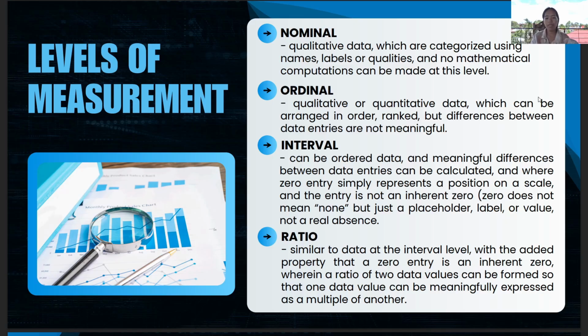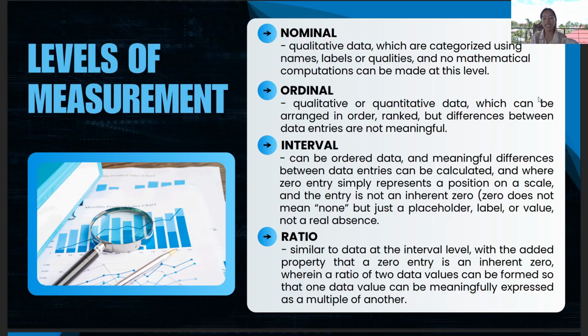Interval is ordered data, and meaningful differences between data entries can be calculated, and where a zero entry simply represents a position on a scale. The entry is not an inherent zero. Zero does not mean none, but is just a placeholder, label or value, not a real absence. Now let's go down to the fourth level of measurement, which is the ratio.